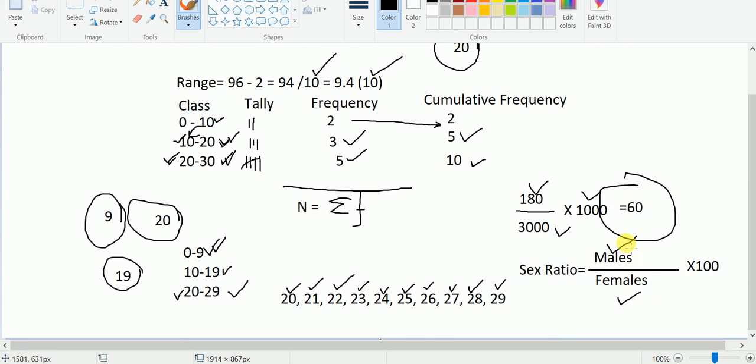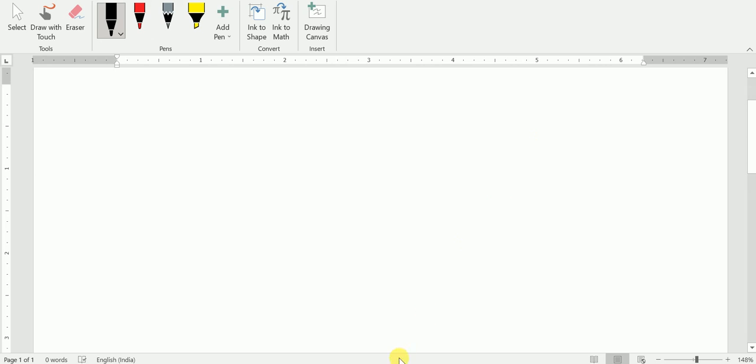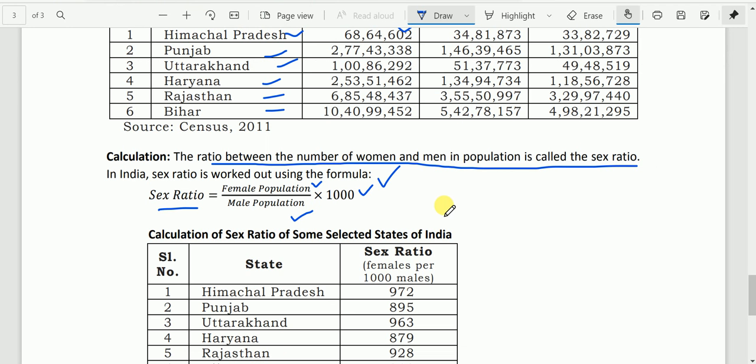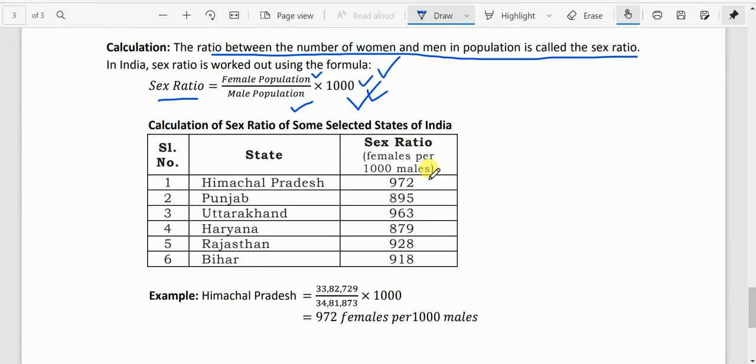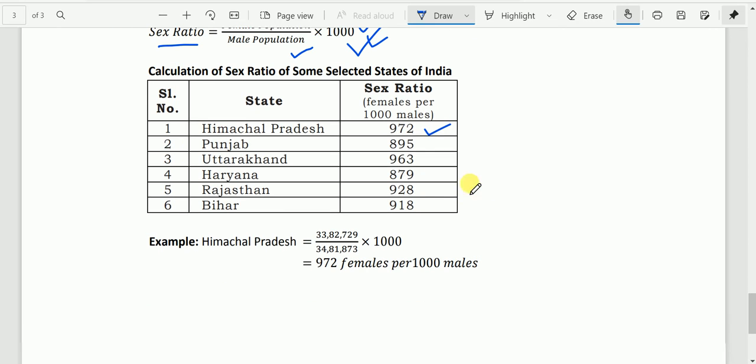How many males are there per 100 females? So this is also used in Western countries. However, for India, we have this formula. Okay, it is expressed as number of females per 1000 males. How many females are there per 1000 males?